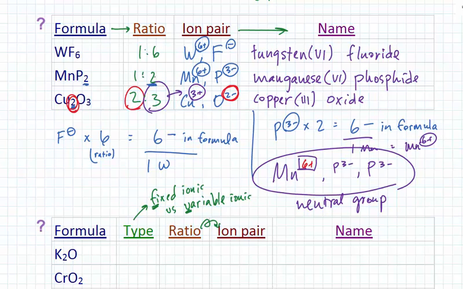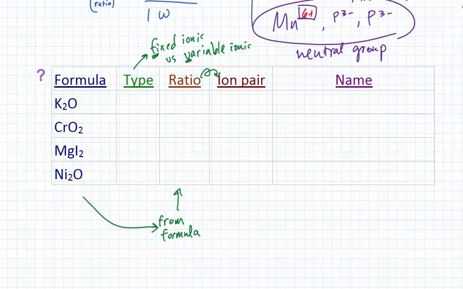I have 2 of them in the formula, so you can figure out the total minus charge, then figure out what the plus charge needs to be. The total charge has to be the same for plus and minus. If you have just one of them, that's going to take the total charge. If you have 2 of them, you're going to split that total charge over them, and so on. Okay? So I want you to see if you can fill those out.